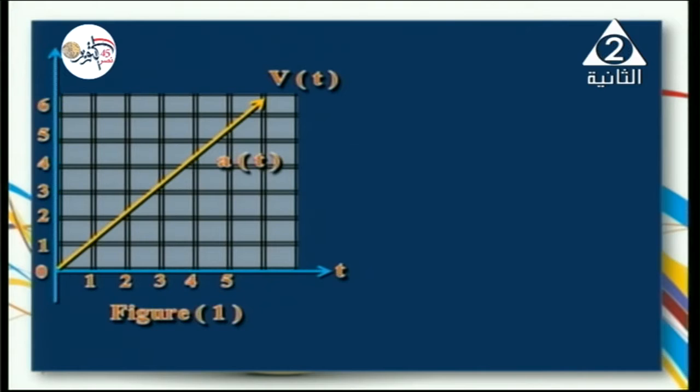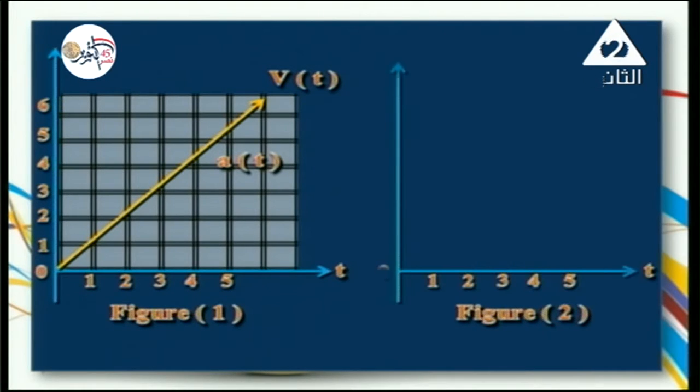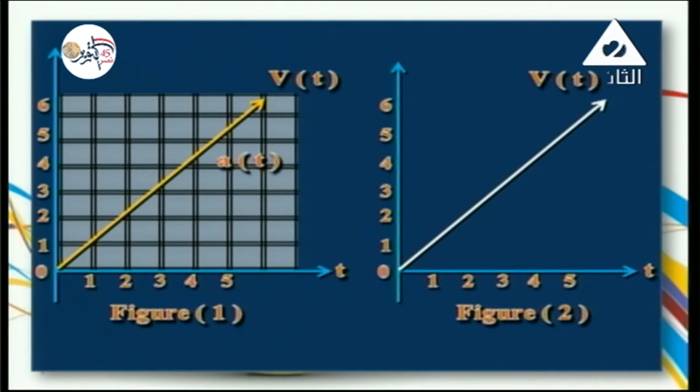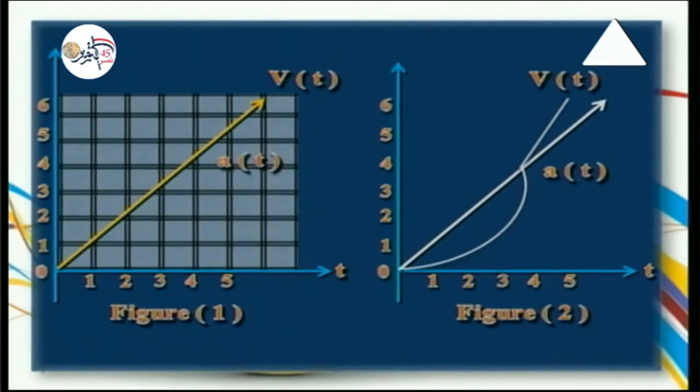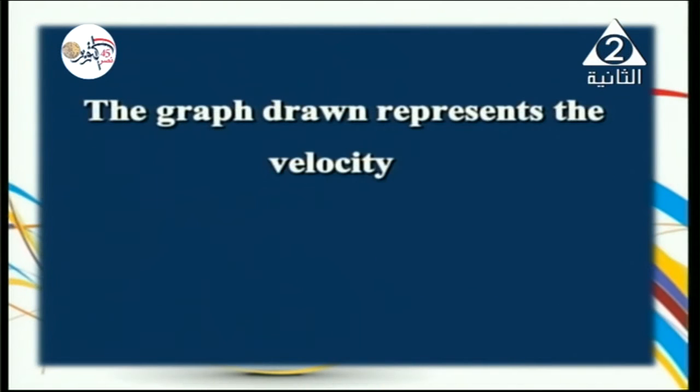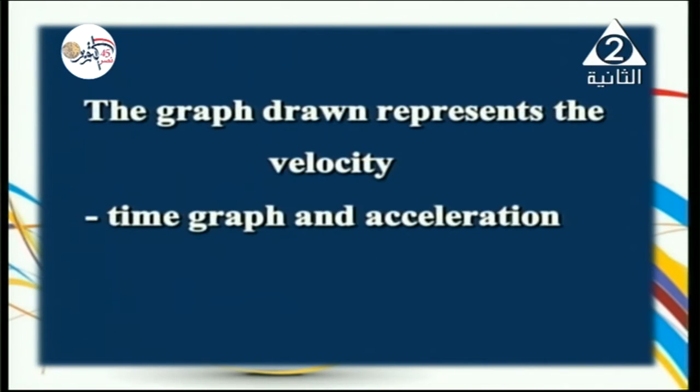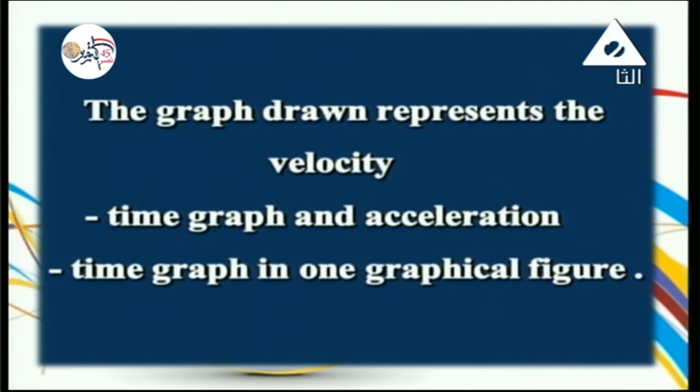In figure 1 and figure 2, we have v(t) and a(t), which is a curve. The graph drawn represents the velocity-time graph and the acceleration-time graph in one figure.